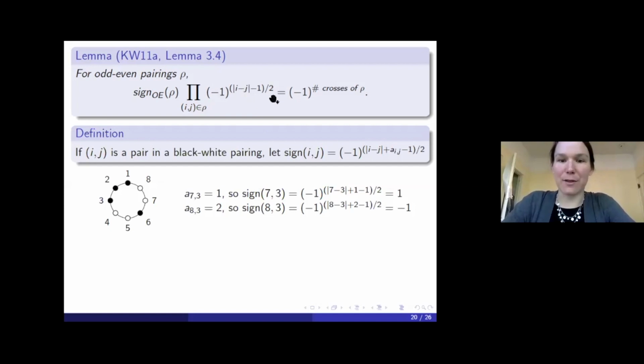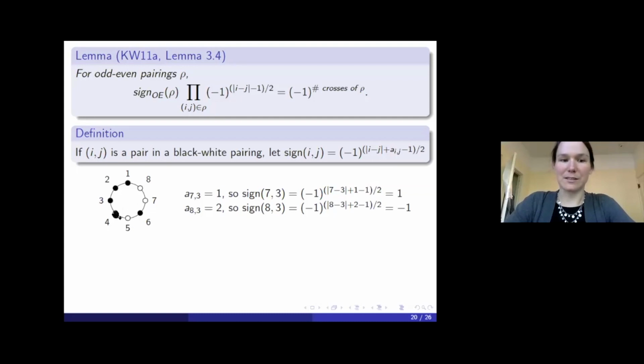It turns out that if you have a pair in a black-white pairing, you should keep track of the number of pairs of consecutive nodes of the same color that appear when you travel from i to j. For example, if 7 and 3 are paired, to compute the sign I compute -1 to the absolute value of 7 minus 3, and then add the number of pairs of consecutive nodes of the same color between 7 and 3.